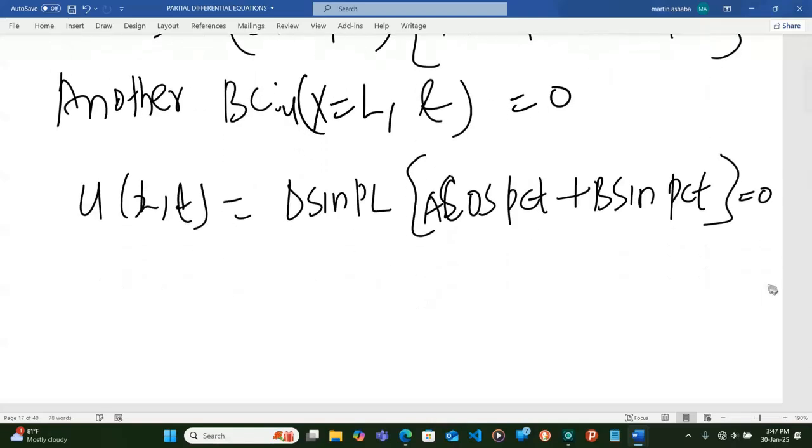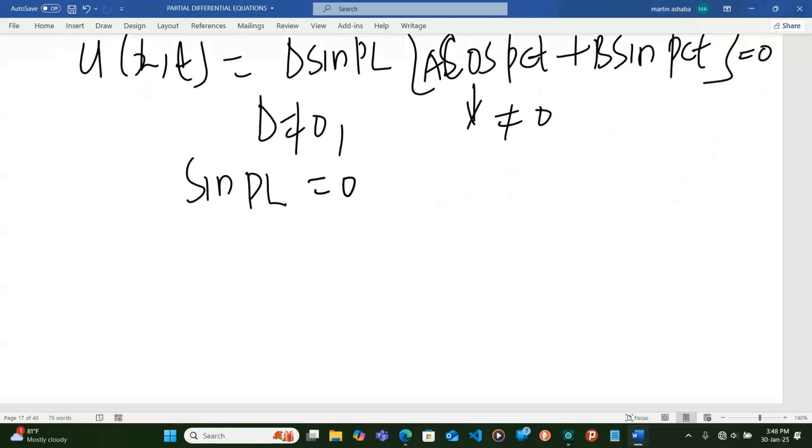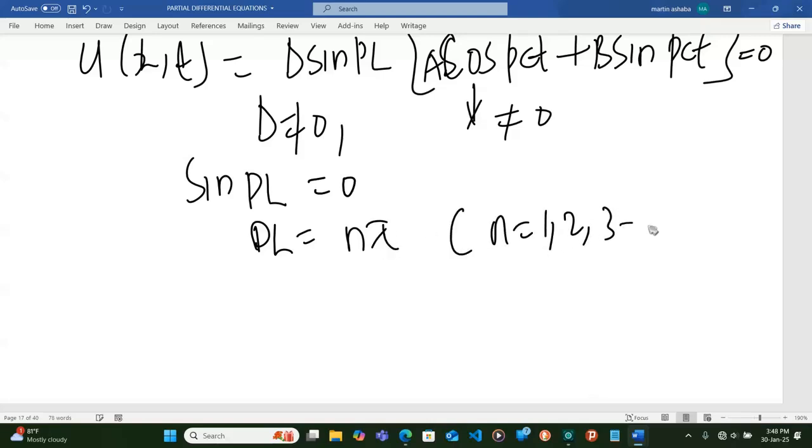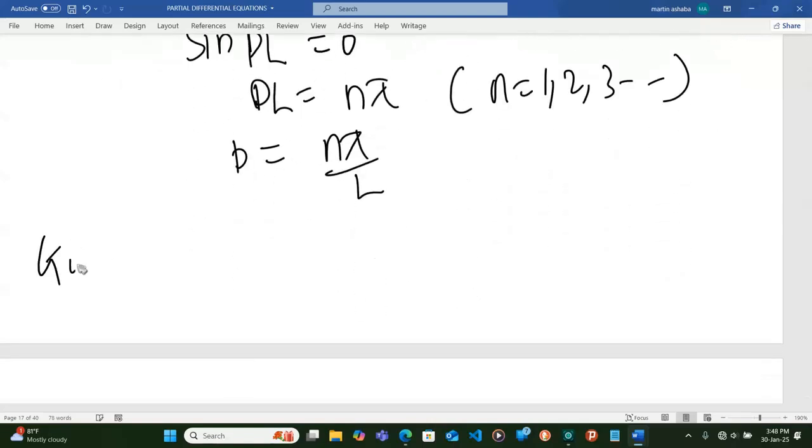So if this is to hold, d cannot be 0, and this can't be 0. So it leaves us with the only option of sine pl equal to 0. And this can only be possible if pl is equal to n pi for n is equal to 1, 2, 3, and any other integers. So that means p is n pi out of L. So we go back to our general solution.